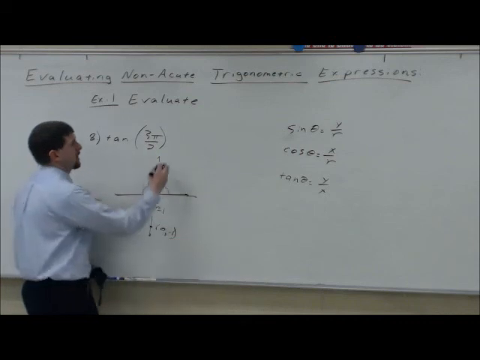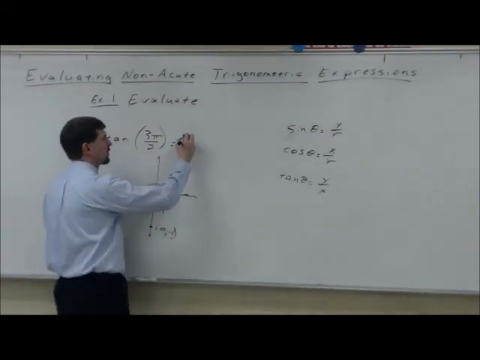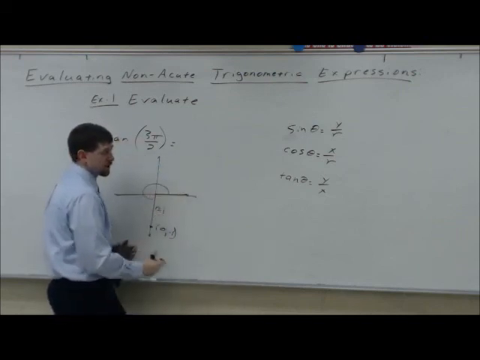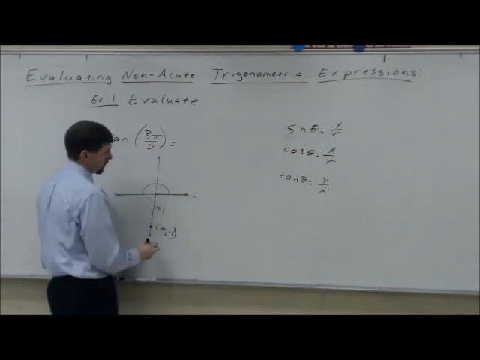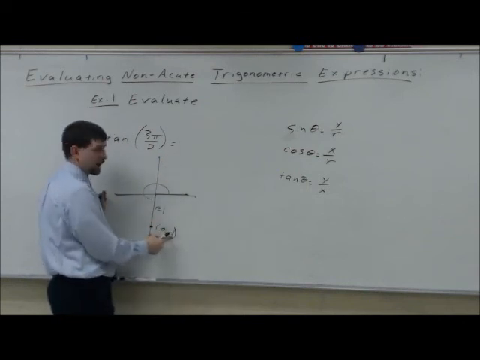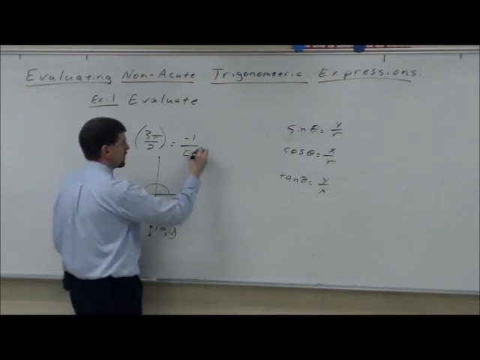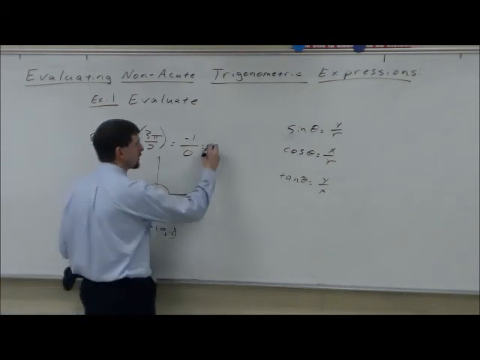So for tangent of 3 pi over 2, tangent is opposite over adjacent, y over x. And tangent, realistically, we're just looking at it as like the slope right there. y over x, so the y coordinate is -1. The x coordinate is 0. So -1 divided by 0 is undefined.